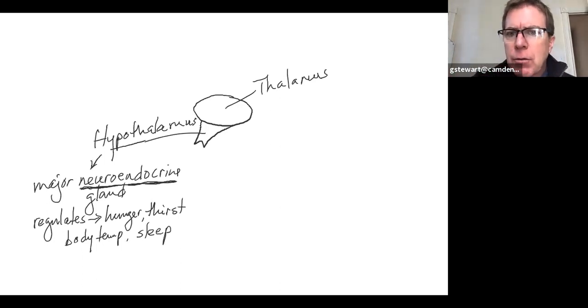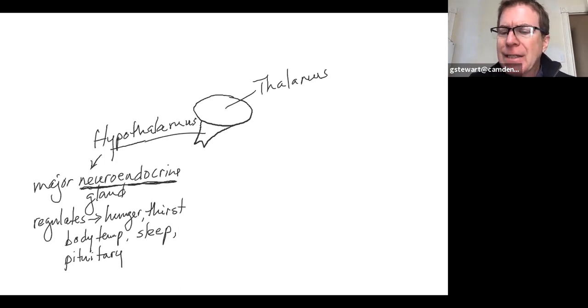It also controls or regulates the pituitary gland, which is a major hormone secreting structure that hangs down from the hypothalamus like this. So this would be the pituitary gland, and it secretes 6 major hormones.